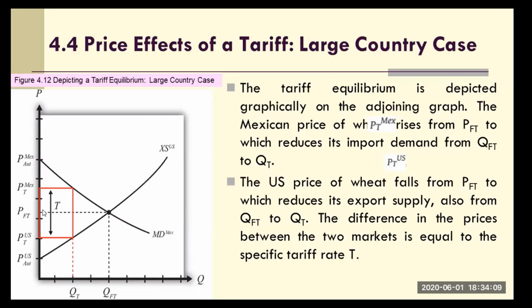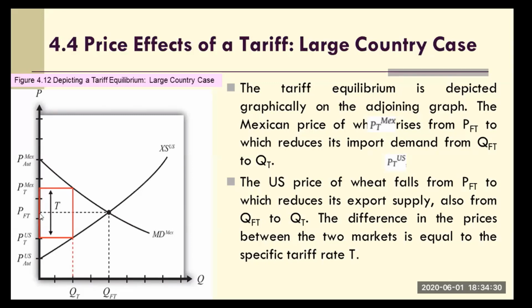Look at this diagram: this is the price at free trade, without a tariff, showing the export supply of the US and the import demand of Mexico. So the equilibrium was with free trade, with no additional tariff.